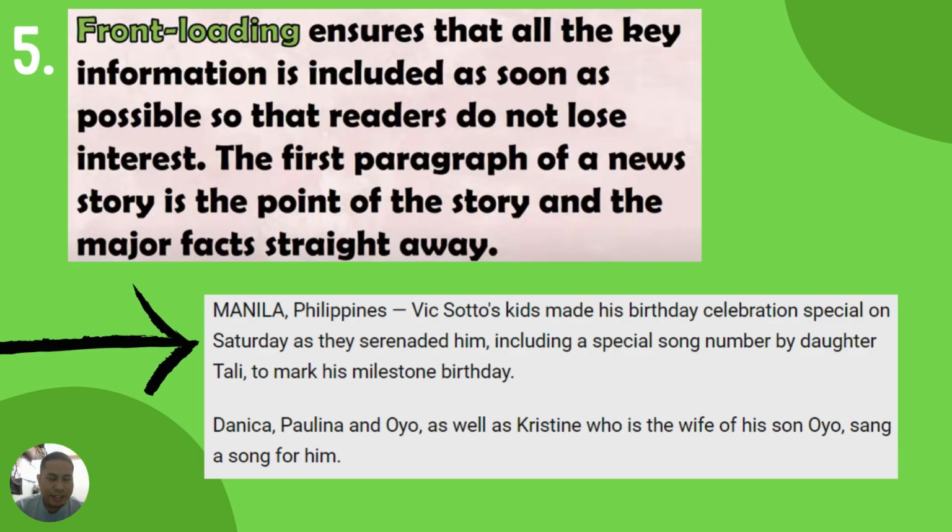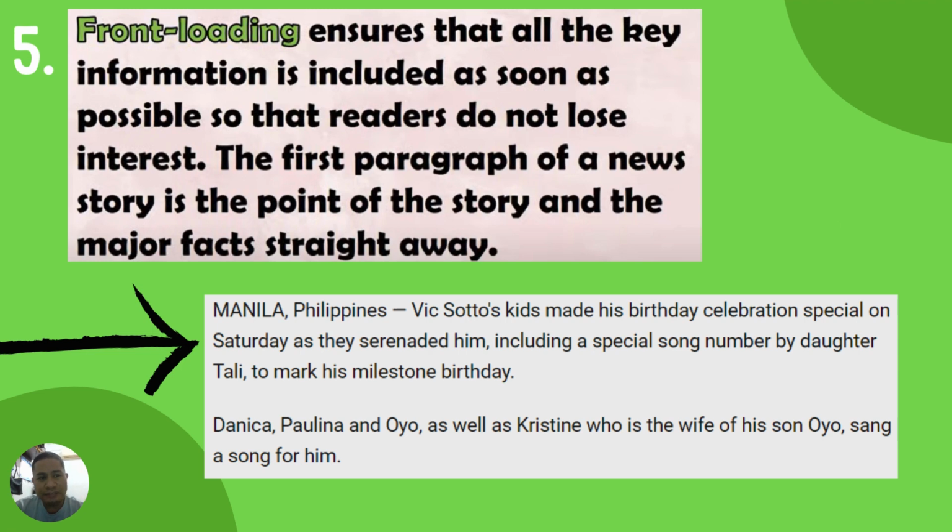And the last feature of journalistic writing is front loading. Front loading ensures that all the key information is included as soon as possible so that the readers do not lose interest. The thing that you remember about front loading is the first paragraph of a news story. It's the point of the story and the major facts straight away.